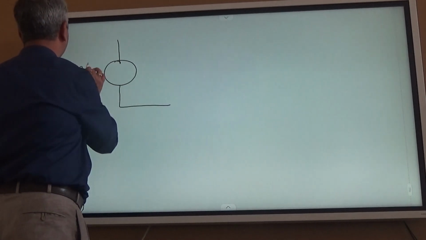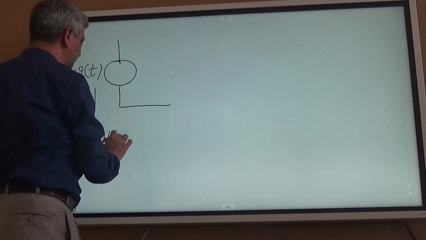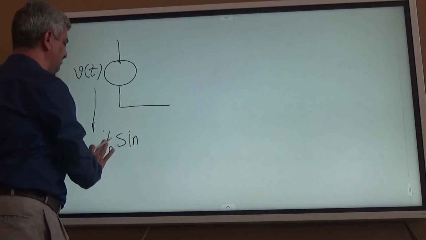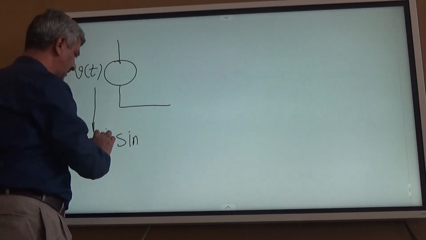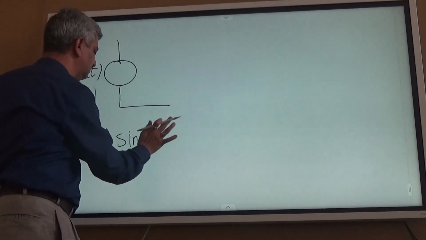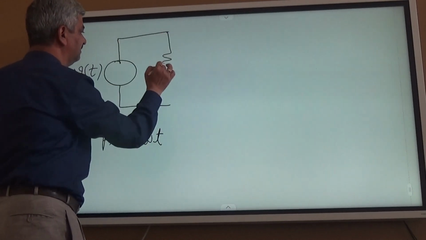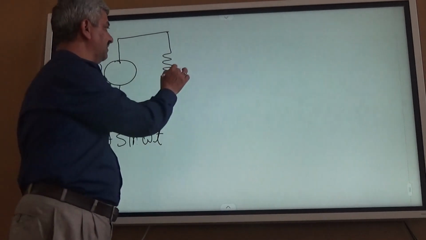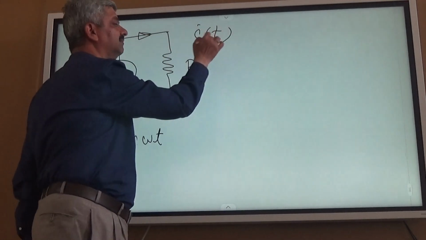Now if I apply Vt, which is Vp sine omega t, or sometimes we say A as amplitude, some constant, A sine omega t, and a resistance of value R is connected like this. Then what is IT?